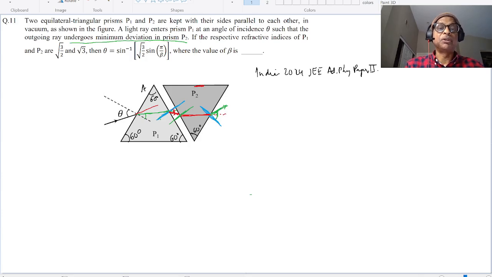So we're supposed to find theta, and this is a minimum deviation, so you can use that in your analysis.